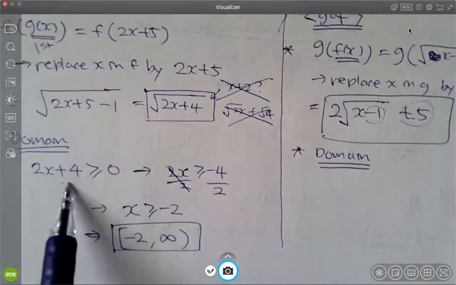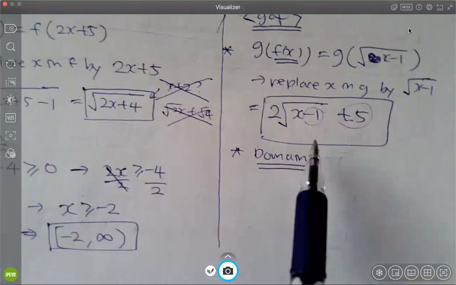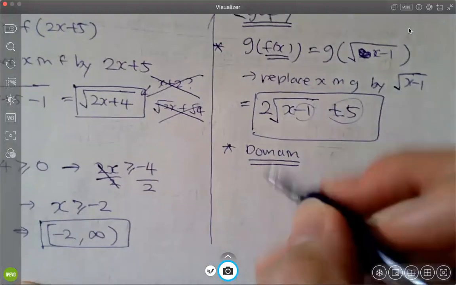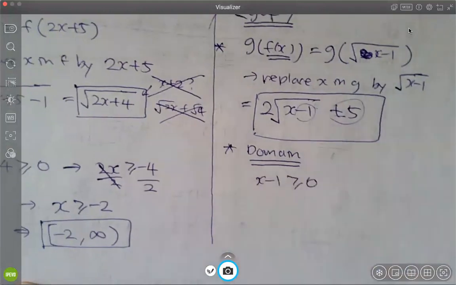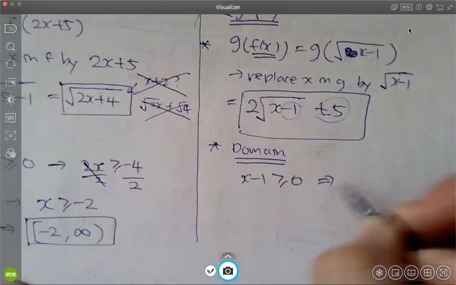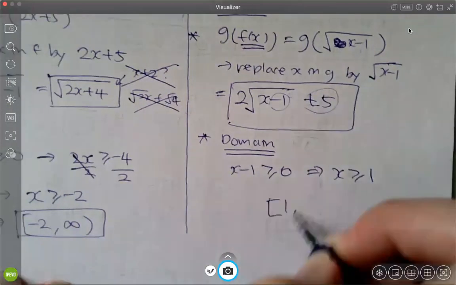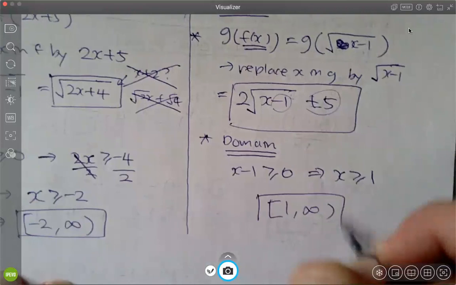So instead of 2x plus 4, what do we have under the square root? Just x minus 1, right? So what does that mean? X minus 1 is greater than or equal to 0. And so what is this? X is greater than or equal to 1. So the domain is what? Bracket 1 comma infinity, right?